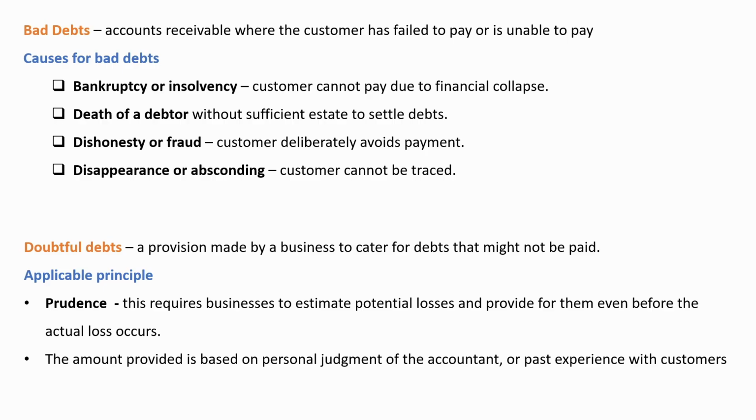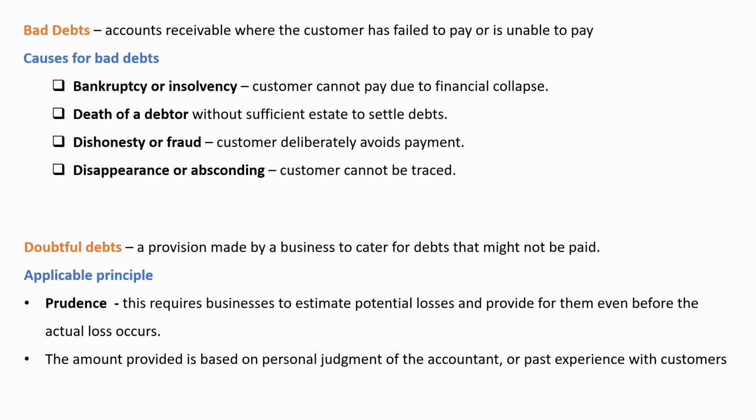That one is purely an estimate. That is why we call it an allowance or a provision. You are not very sure, but based on your experience, based on your judgment, you have seen it in the previous years that not all customers pay for the goods they buy from you. So the amount provided is based on personal judgment of the accountant or past experience with the customers.